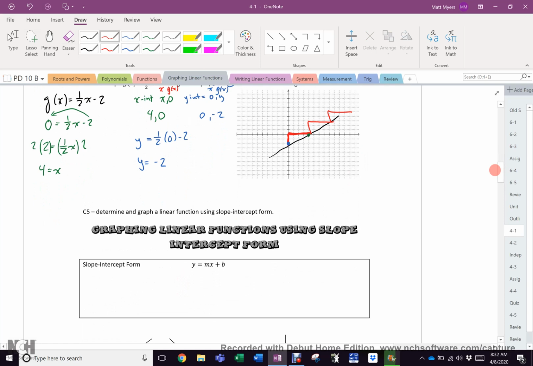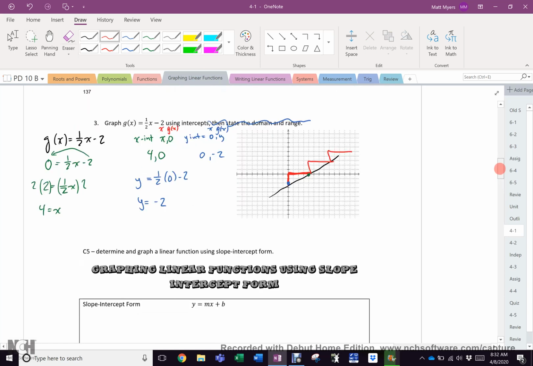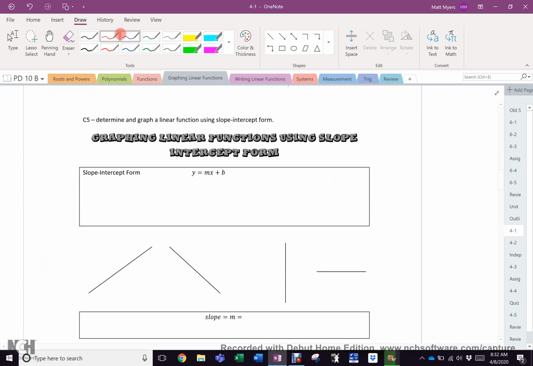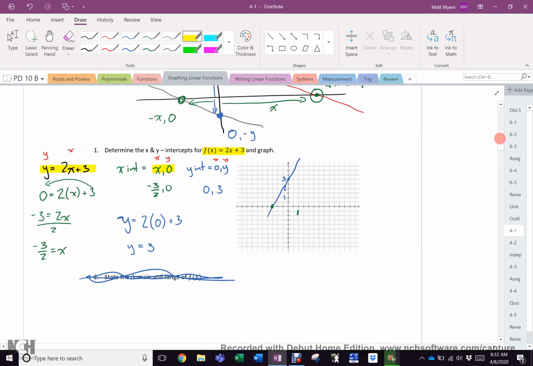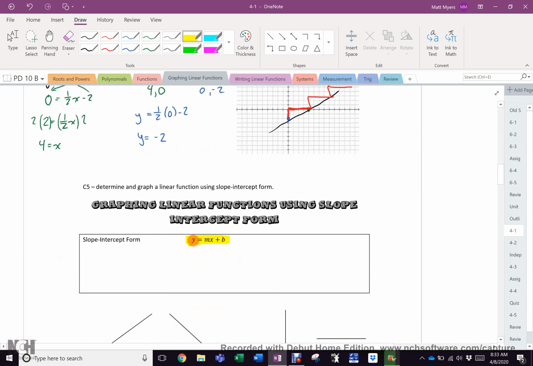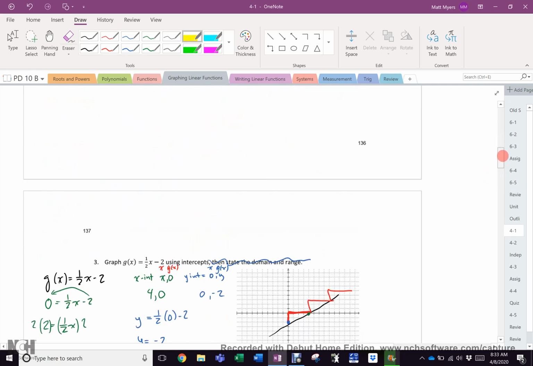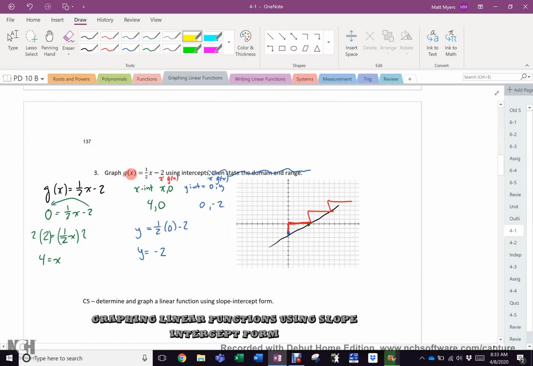So you will notice that this right here looks a lot like this: y, some number x and a number.